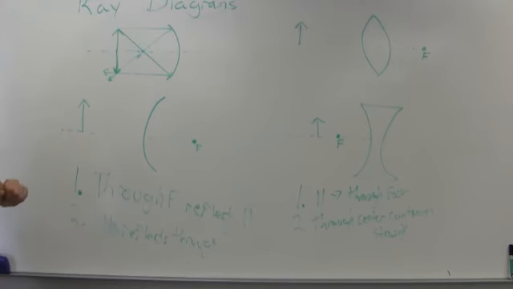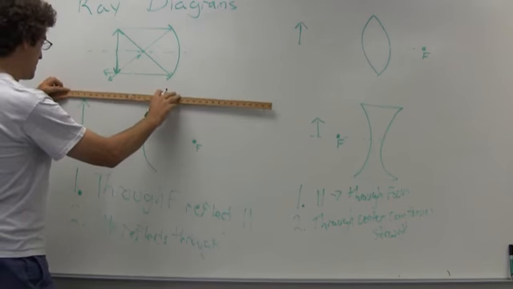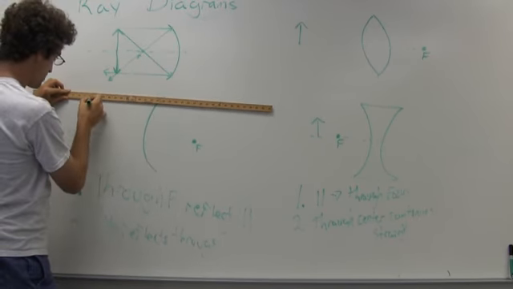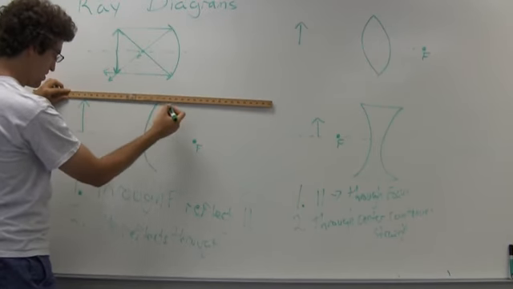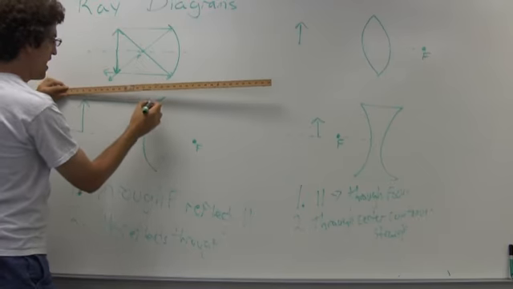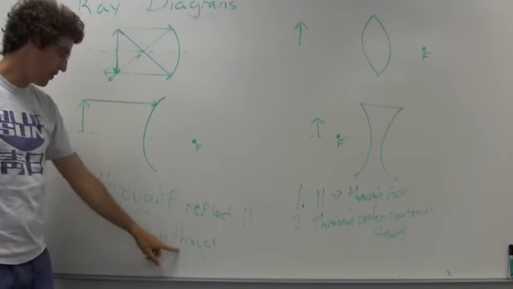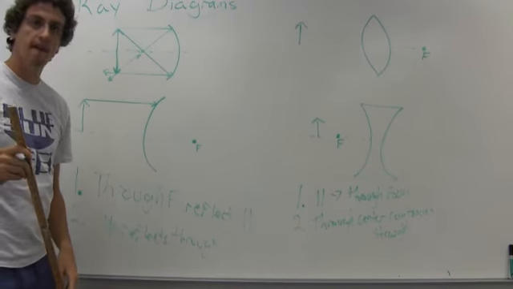Alright, now moving on to the convex mirror. Same rules, except now the object is on the other side. So we come in parallel. I'm doing number 2 here. Theoretically, we want to go through the focal length. Parallel reflects through the focal length, except that obviously the light's not going to go through the mirror.